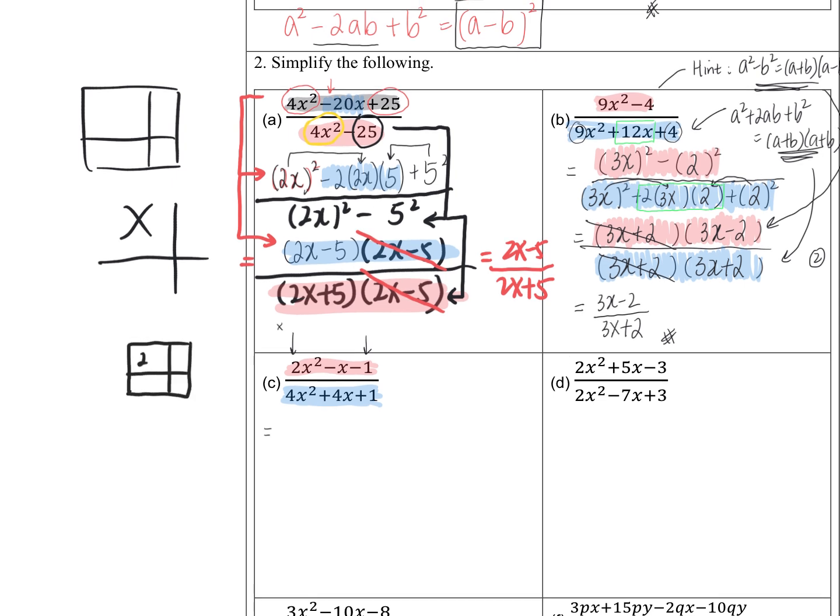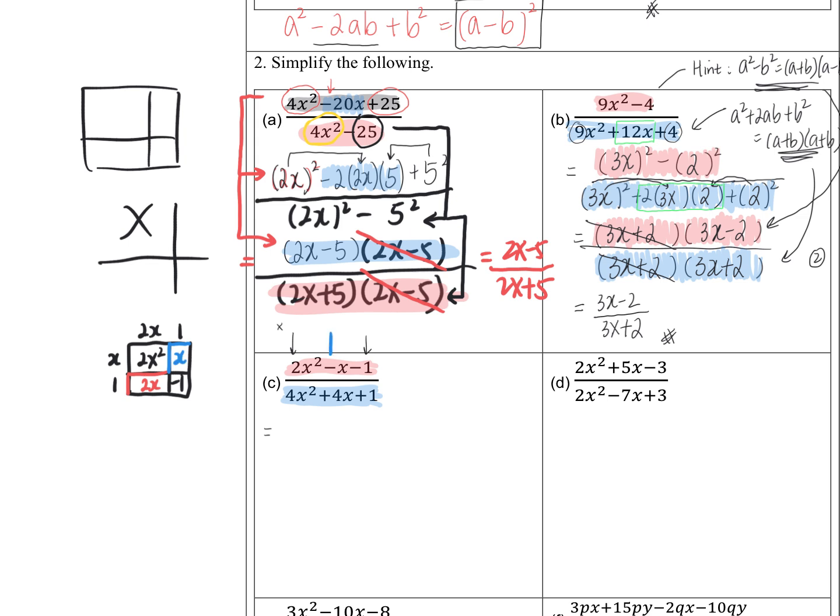So I try first, 2x squared. One must be 2x, one must be x. Then the last one here, I must put minus 1. So I ask myself, one must be plus, one must be minus, but I cannot decide which one is minus first. So I'm going to find this one first. 2x times 1, so this is 2x. 1 times x, so it's x.